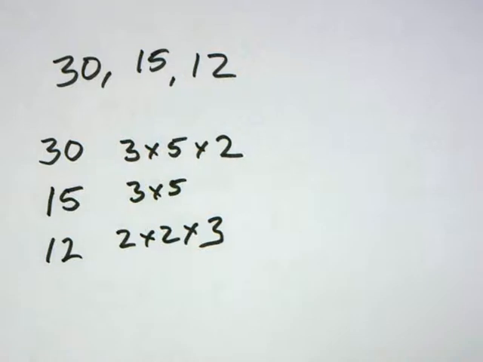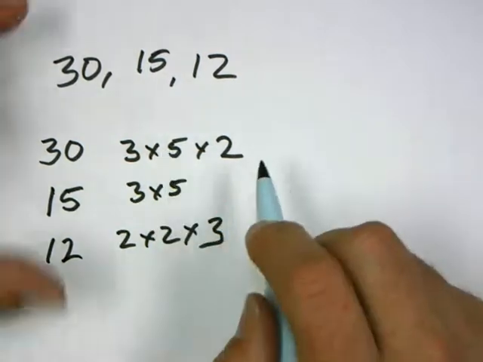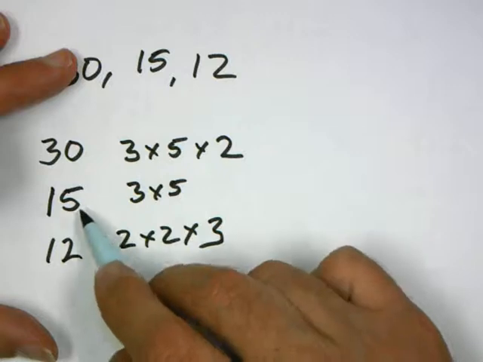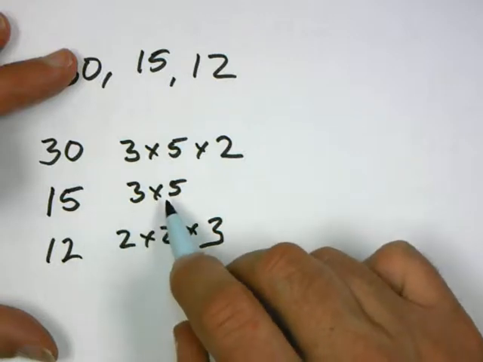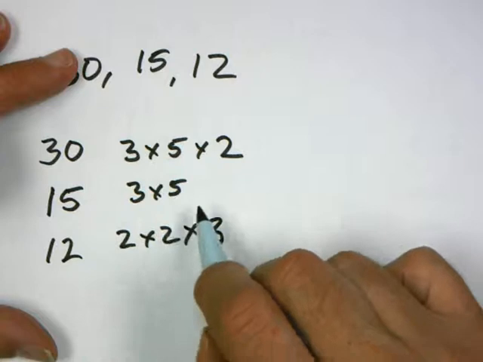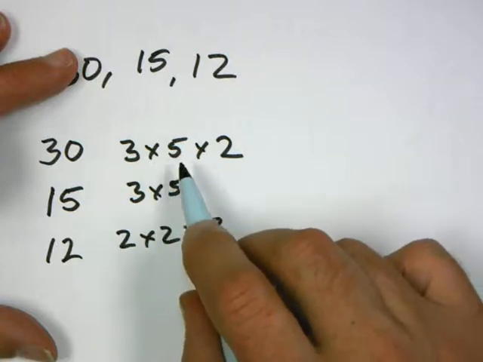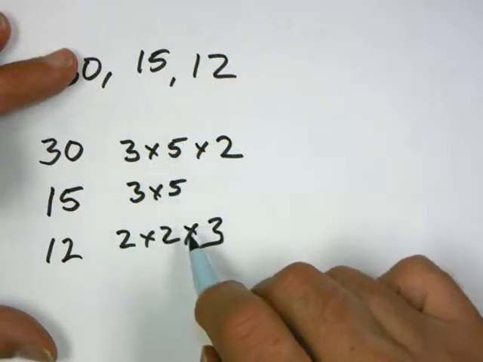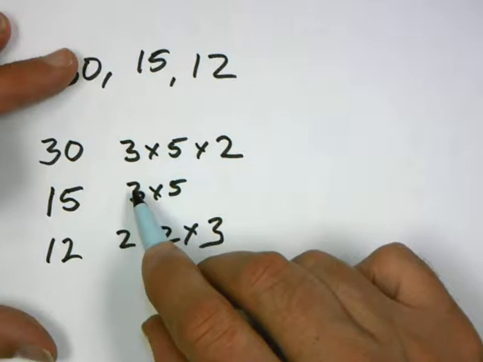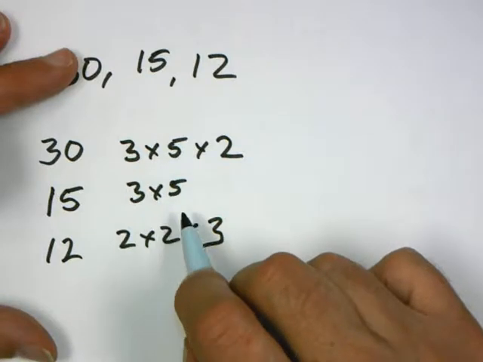So I'm looking for pairs, and here's a 2. I have a 2 down here, but I don't have a 2 in the prime factorization string for 15, so I can't use that. How about a 5? I have a 5, oh, no 5 here. And then I have a 3. The 15 has a factor of 3, and 12 has a factor of 3.